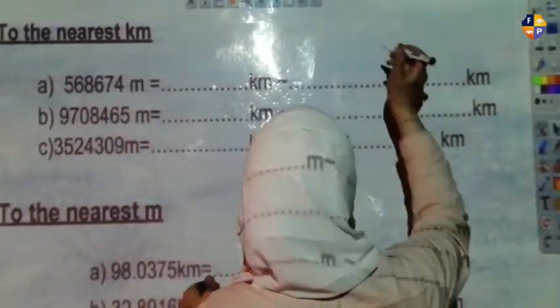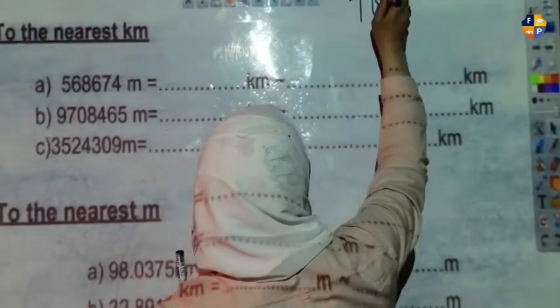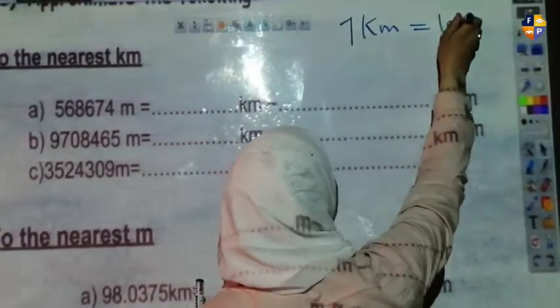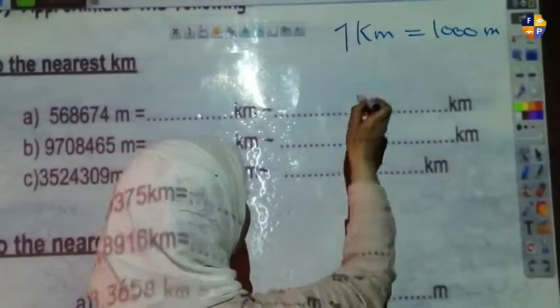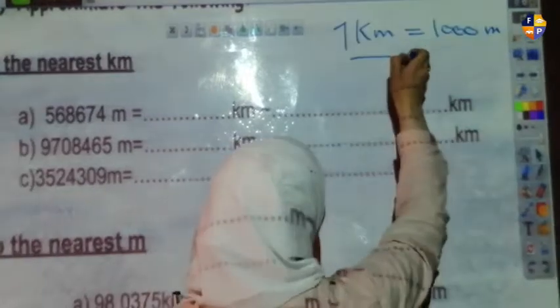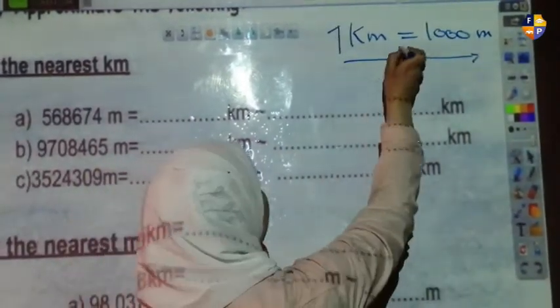In this exercise, I will approximate to the nearest kilometer. Okay, as we said before, 1 kilometer equals 1,000 meters. When I convert from the larger unit to the smaller unit, I will multiply.